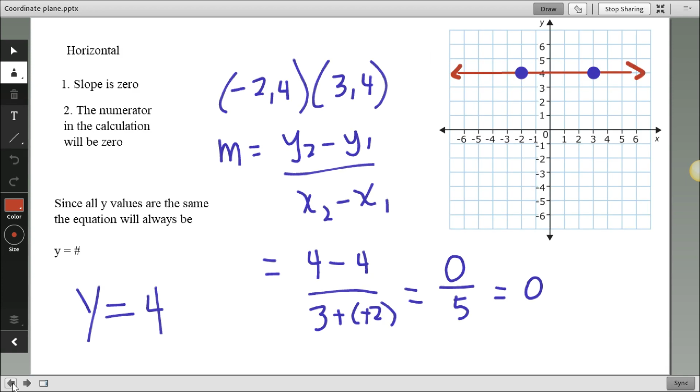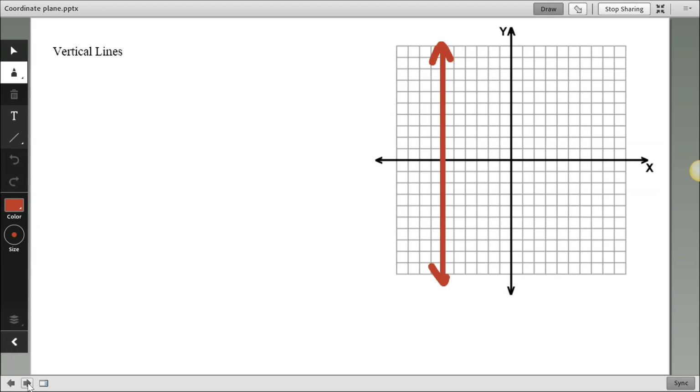So you see the difference, horizontal. This one is vertical. All right, what are some characteristics? The first one is this one will have what we call no slope or undefined slope.